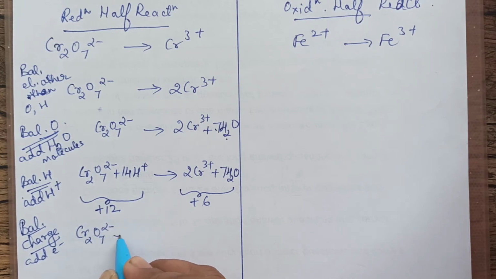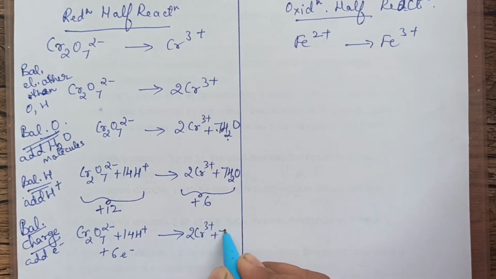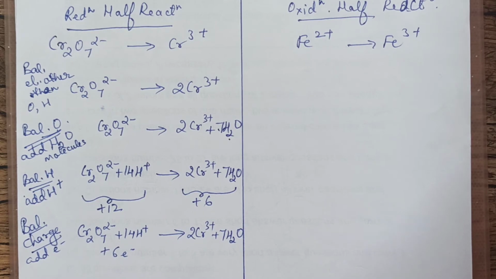Cr2O7 2- plus 14 H+ plus 6 electrons forms 2 Cr3+ plus 7 water molecules. Otherwise also you can see, this is 12, this is 6. If I add 6 negatives to it, even this will become 6. So left and right hand side should be equal.